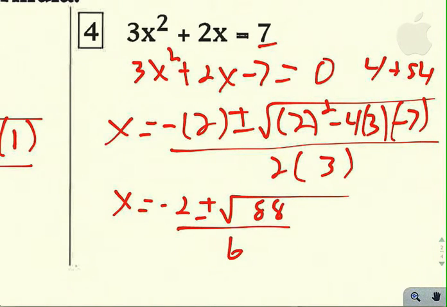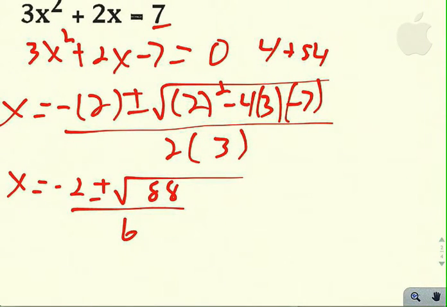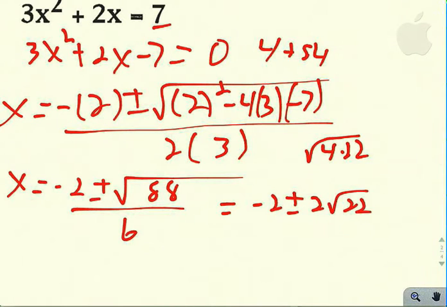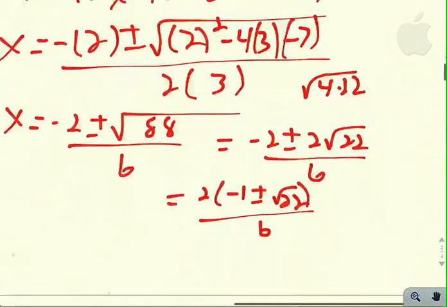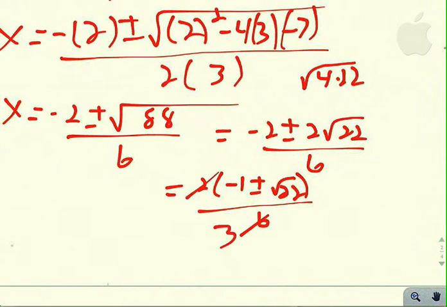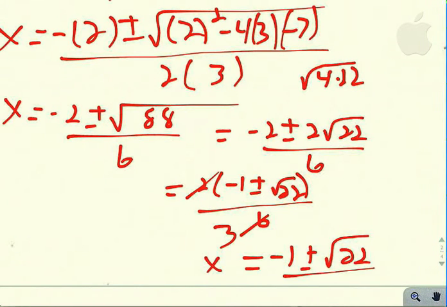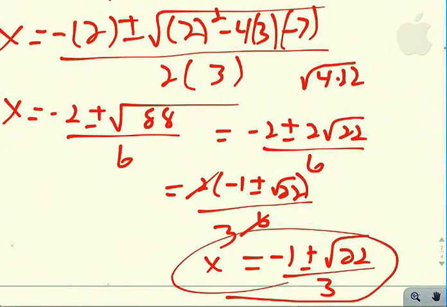Well, we can simplify that. That would be equal to minus 2 plus or minus, let's see, the square root of 88 is 4 times 22. So 2 square roots of 22 over 6, and you can factor a 2 out of the top. And the 2 and the 6 cancel, giving me a 3. So my final answer would be x equals minus 1 plus or minus the square root of 22 all over 3.